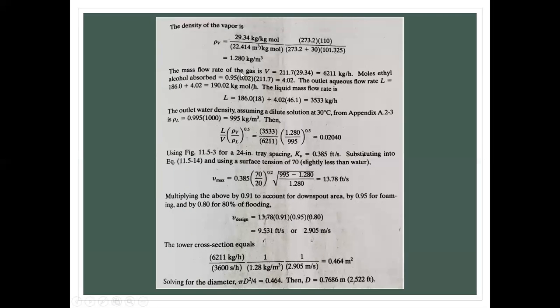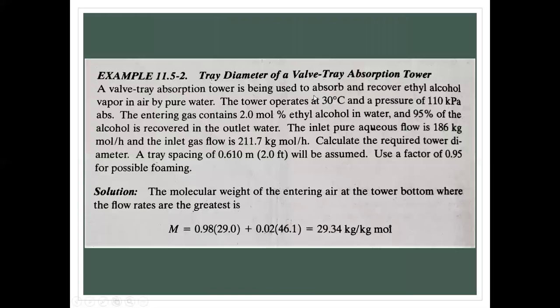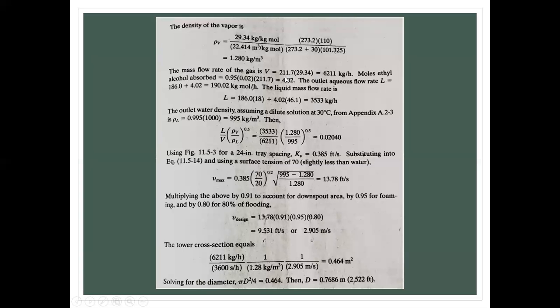The flow rate of the gas is 211.7 kilogram mole per hour. Take note, the unit that is required is mass. So you need the average molecular weight of your mixture of gas and ethyl alcohol to convert the mole unit of the gas to mass.